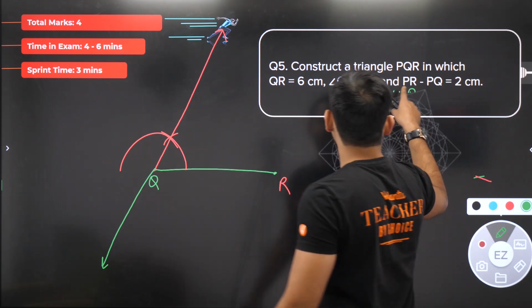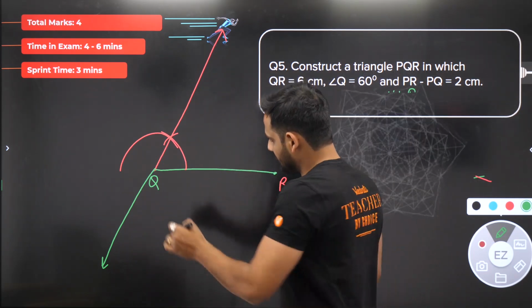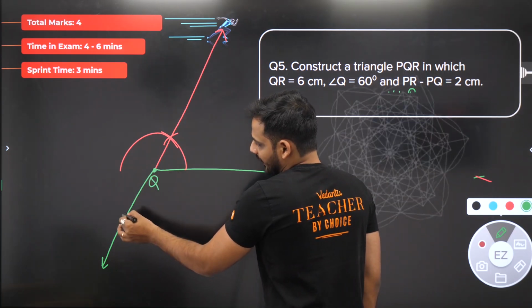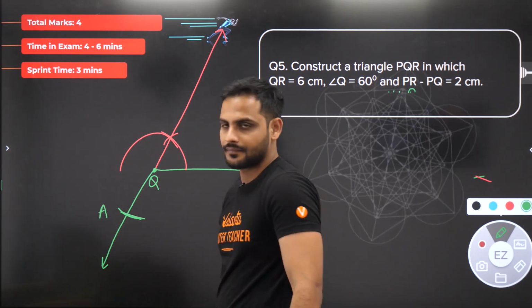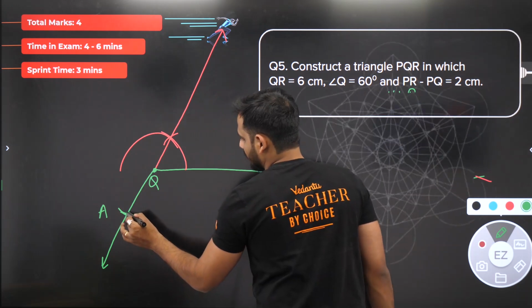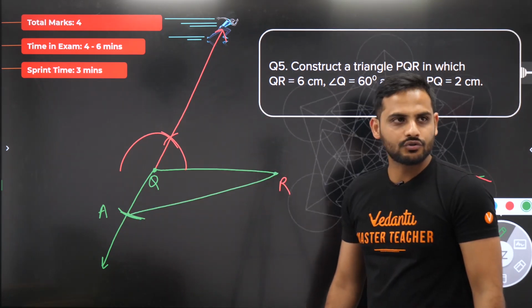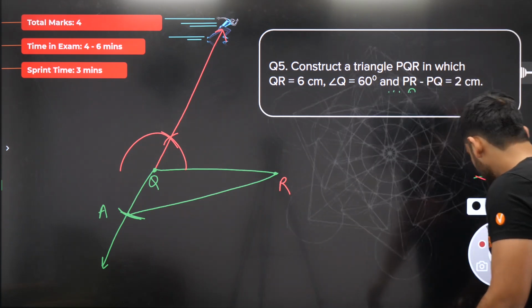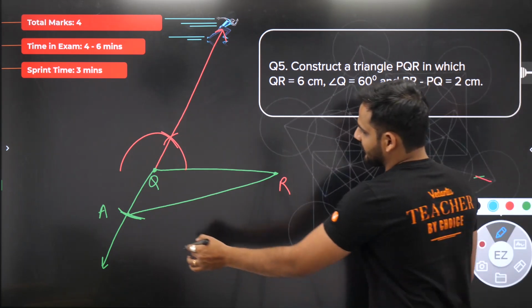Now what is the gap given here? PR minus PQ is 2 centimeter. Extend the compass length to 2 centimeter. Keep it at Q and make one cut here. Let's say it is A. Now join this A with R. Once you have joined A with R, draw the perpendicular bisector of AR.